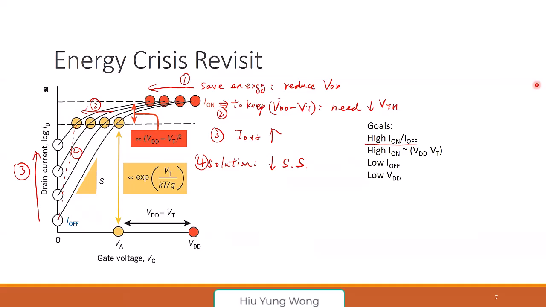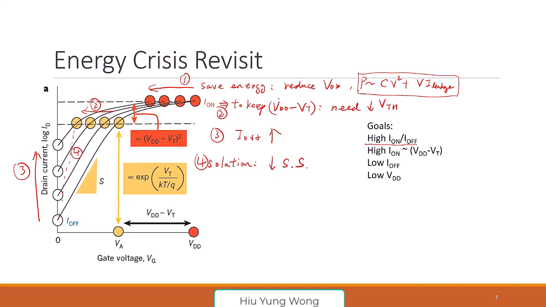So the main point is that to save energy, we need to reduce the VDD. Why is that? Just because we know power consumption is proportional to CV square and also the leakage. This we study quite a lot in EE 224 to be offered in the spring this time, right?